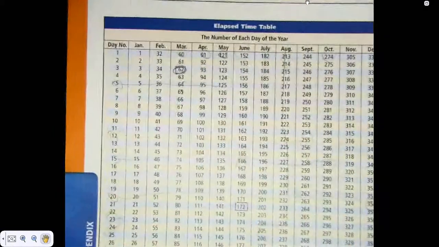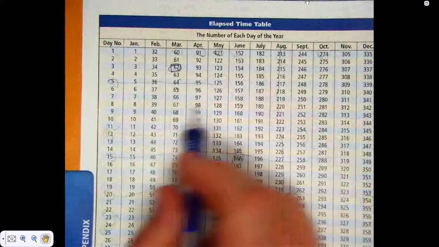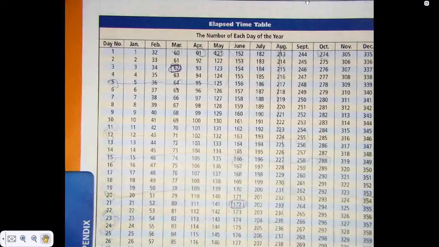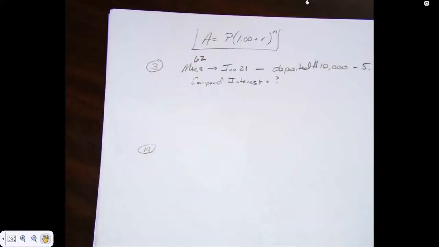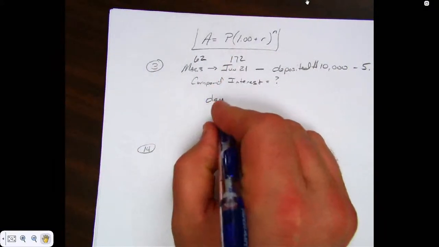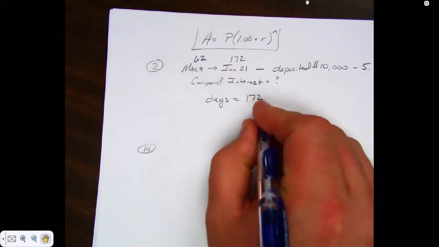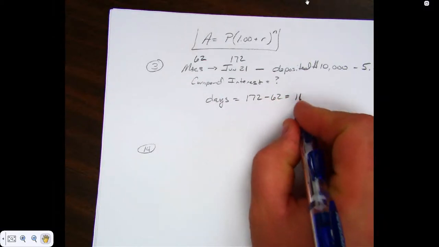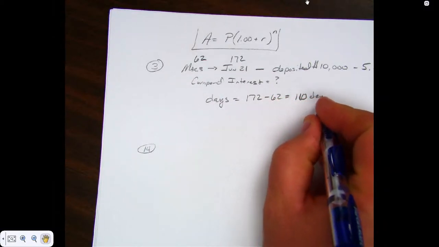June 21st, I go to June, then go over to 21, and it's day 172. So our number of days would be 172 minus 62, which is 110 days. Okay?